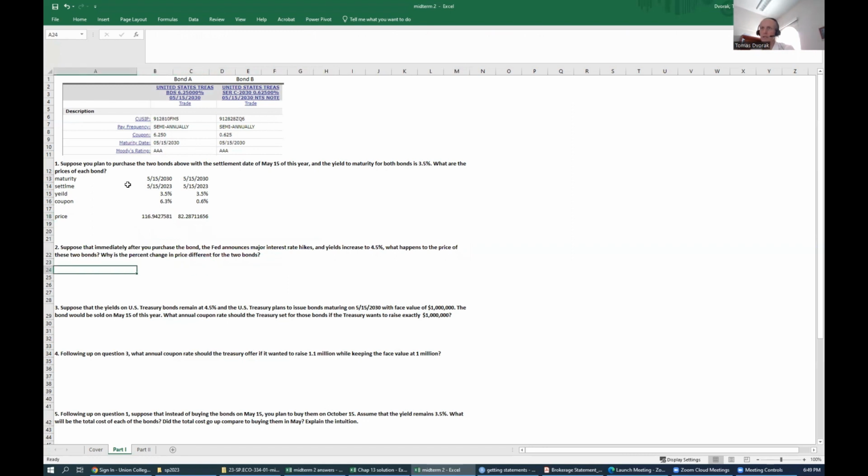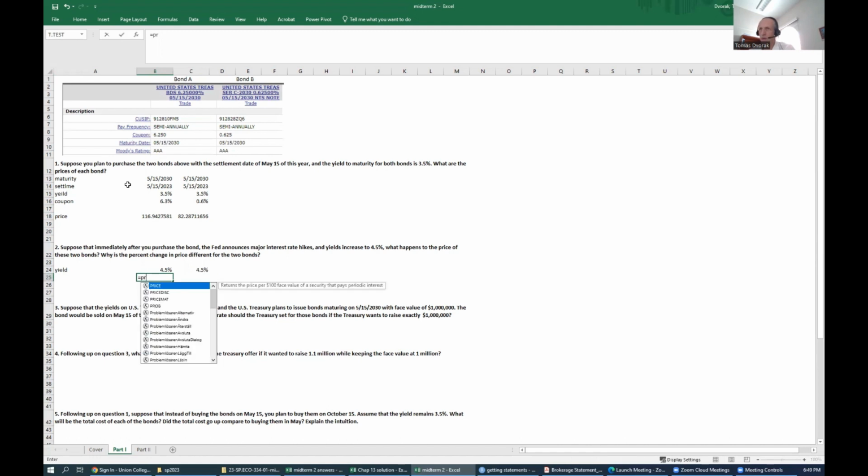Suppose afterwards the yield goes to 4.5. So yield, this time I spell it correctly, is 0.045, and let's format it as a percent, add some decimal places, do it here as well, and let's calculate price.